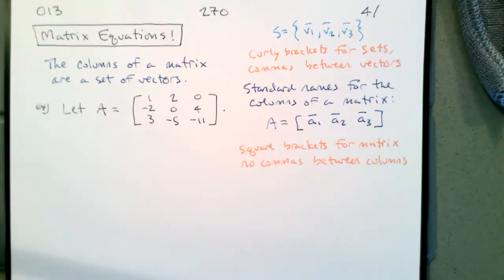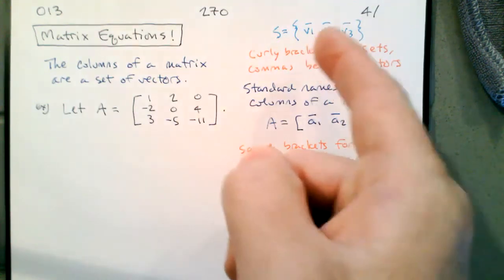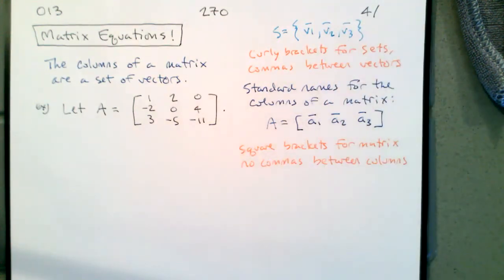People know what you're talking about. You're about to hop in a vehicle and drive to the store, but you would say drive, not pilot. I'm gonna drive my plane. That sounds weird. That's what it looks like when you put commas in between your columns of a matrix. It's also what it looks like if you don't put commas in between your vectors in a set. Like, oh man, this person is riding his car.